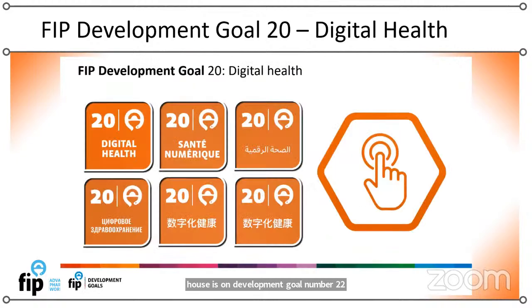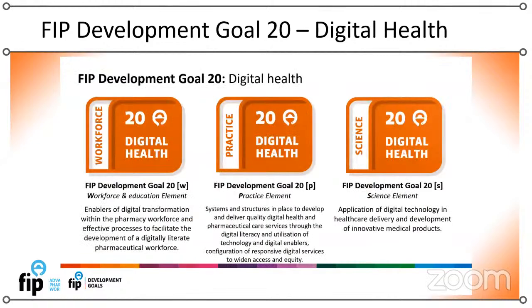Each of these goals has the three elements that we presented a bit earlier: practice, science, and workforce and education. This is the case with development goal number 20, and we're going to see this in detail.